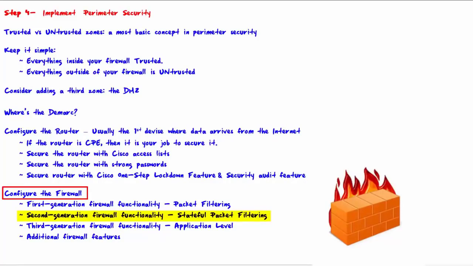Here's an example to help you understand the advantages of stateful packet filtering. A typical default firewall setting would be from untrusted to trusted, deny all traffic, but from trusted to untrusted, allow all traffic. You can leave the firewall configured as above, and then from a PC on your LAN, you would find that you are able to go to any website and it works properly.